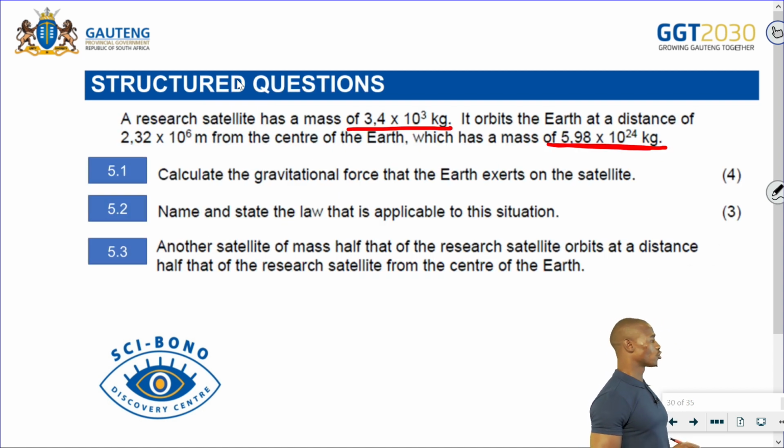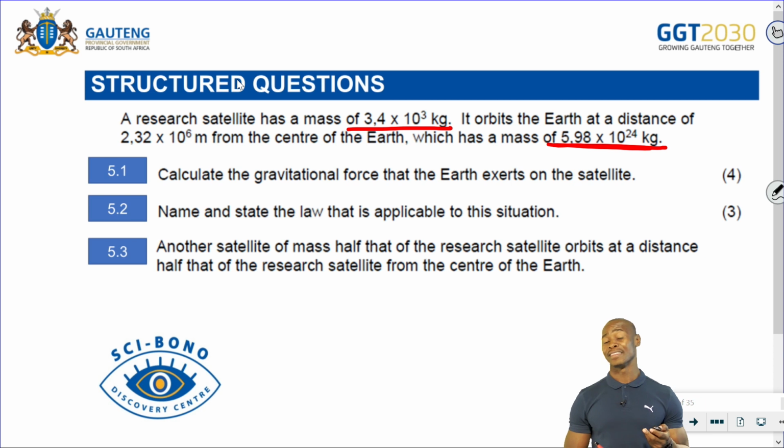We are told that the mass is half that of the initial one, so the mass of satellite B is half the mass of satellite A. And it orbits at a distance half that of the research satellite from the center of the Earth.